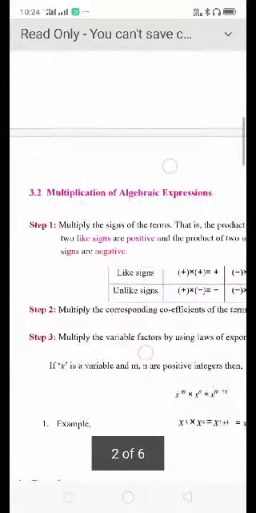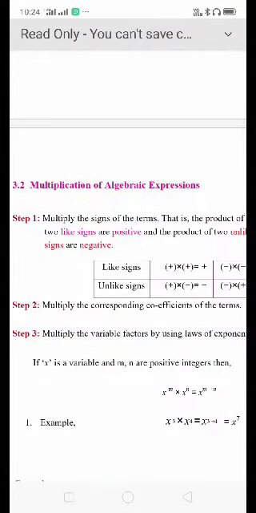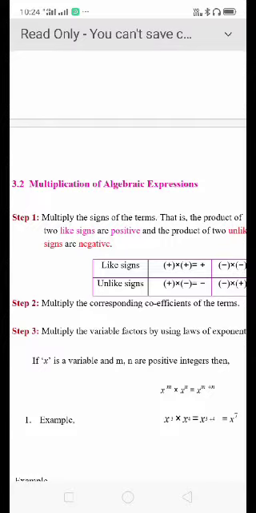In 8th standard, we are going to see multiplication of algebraic expressions. Expression means a combination of terms, maybe like terms or unlike terms, bonded with addition, subtraction, multiplication or division. That gives you an expression. Okay.